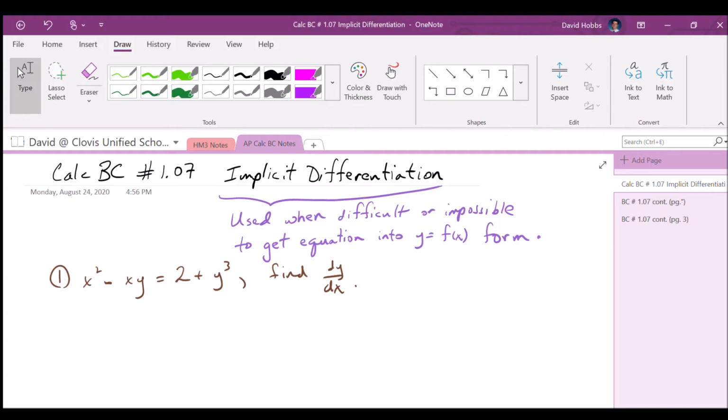Implicit differentiation is used when it's difficult or impossible to get the equation into the y equals f of x form.